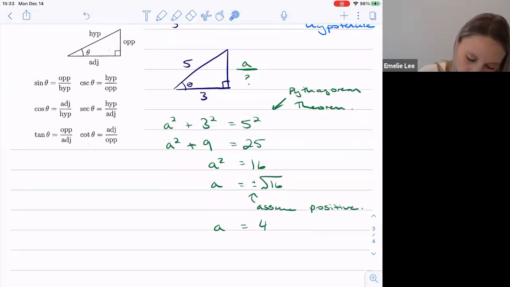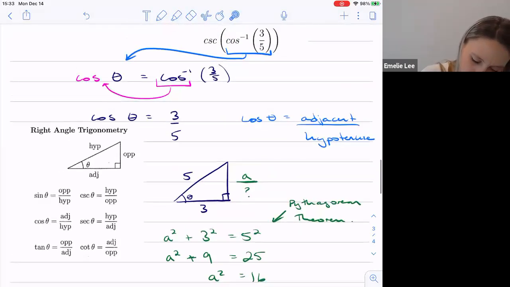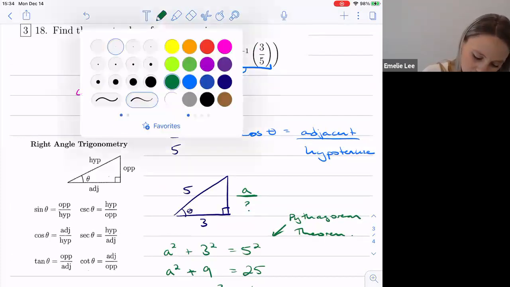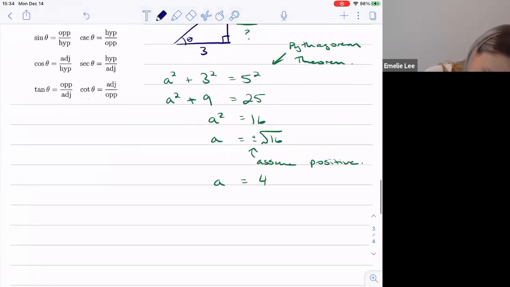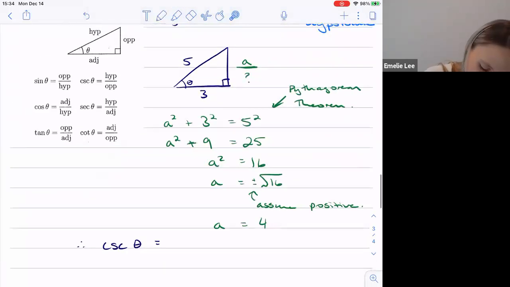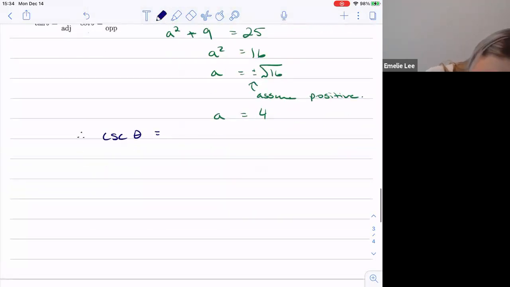All right. So then if I go back here, cosecant of cos inverse of 3/5, well, I replace this cos inverse of 3/5 with theta. So the cosecant of theta, therefore, the cosecant of theta from that handout is the hypotenuse over the opposite.